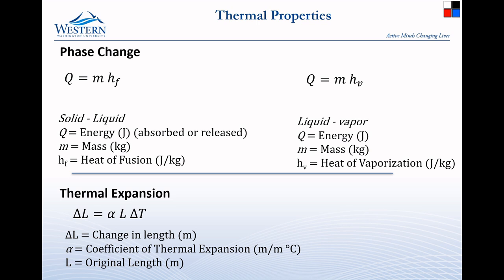If you change the temperature more, it will change its length more. And then we have the coefficient of thermal expansion at the beginning, which says things like copper and aluminum will change a lot in their length, and things like Zerodur and other ceramics will change very little. So it just depends on the materials.